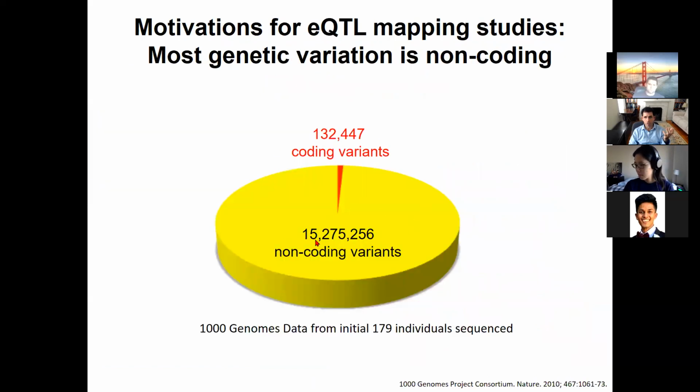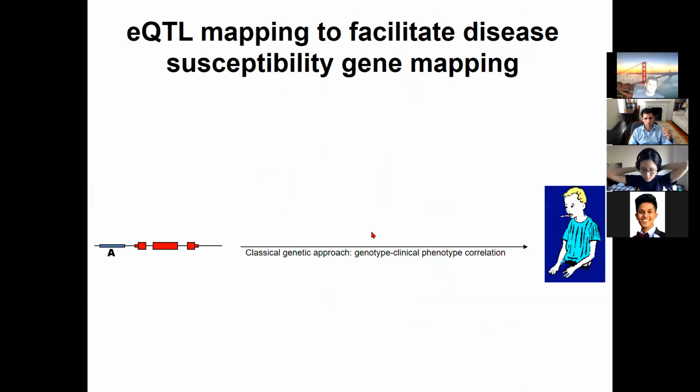And it's the same thing that we're finding when we're looking at disease studies. So if you look at where the genetic variation is, the vast majority of genetic variation sits in non-coding regions, and more than 93% of genetic variants that are associated with disease are also in non-coding regions. So the goal of eQTL mapping is to facilitate understanding of disease susceptibility gene mapping.